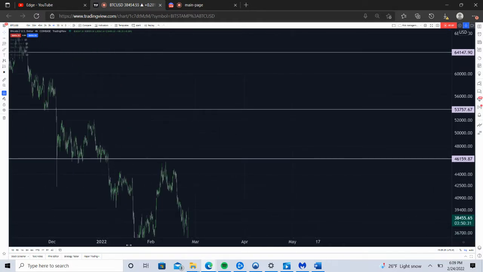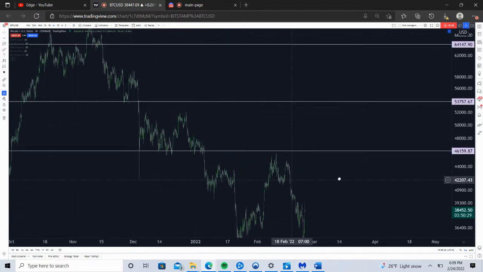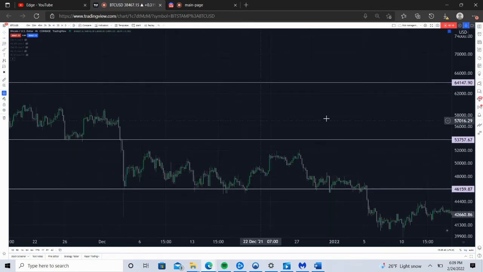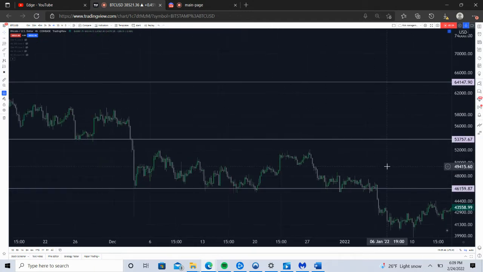We saw what was happening there, but if we go down to a 4 hour, you do have this break of structure on the 4 hour, but it's still within the context of the larger time frame downtrend on the daily.